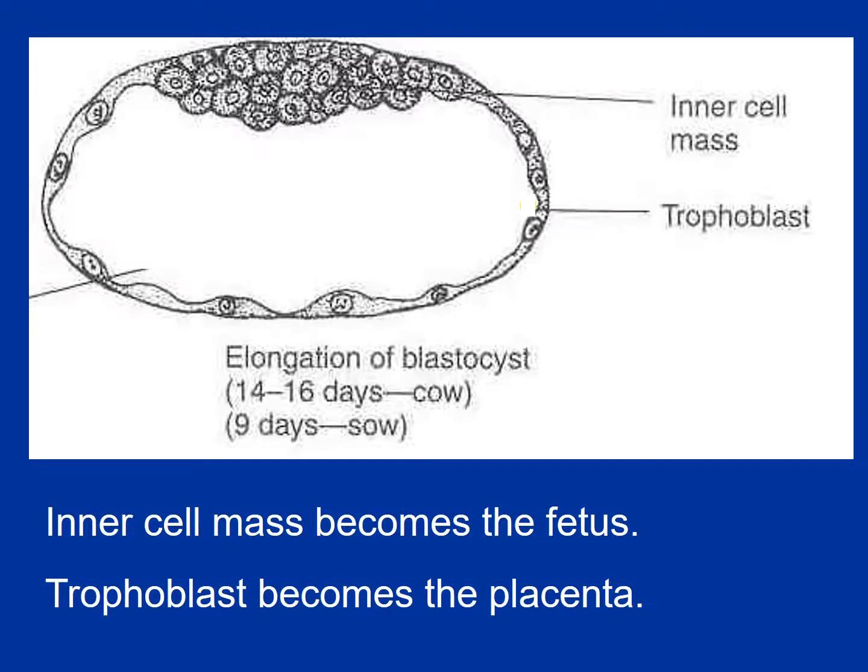After 2 weeks in cattle, the zona pellucida has disintegrated, and now we get elongation of the blastocyst. The cells continue to multiply, and our embryo is getting larger at this point.